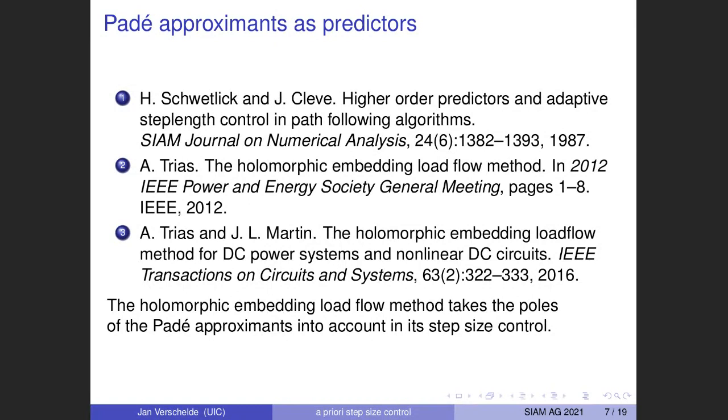That is done in the holomorphic embedding load flow method, a method that was published in the IEEE electrical engineering literature. What the holomorphic embedding load flow method does is construct Padé approximants and then look at the roots of the Padé approximants to determine the step size control.